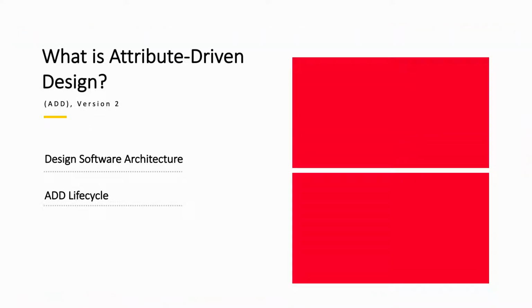So what is attribute-driven design? Again, it's a framework for defining software architecture based on software quality attributes. So you basically define what you want the character of the system that you're creating to be, or you inject certain elements into the DNA of that system.